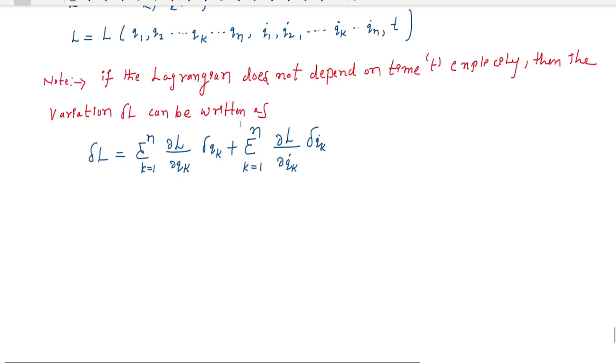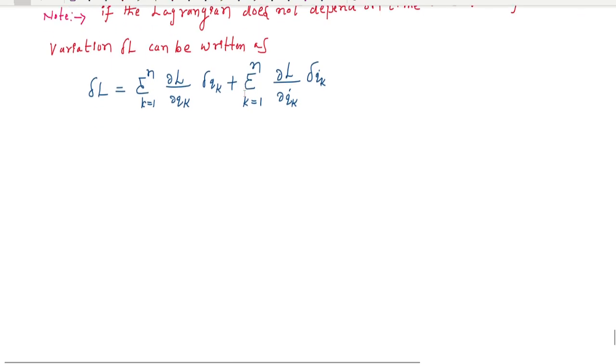Now our aim is to derive the Lagrangian equation from this Hamiltonian principle, right?